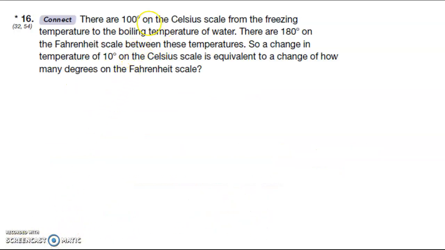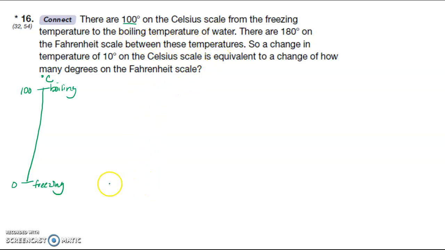Okay. There are 100 degrees on a Celsius scale from freezing to boiling. So if I had a Celsius thermometer, 0 is freezing, 100 is boiling, and this is Celsius. There are 180 degrees on the Fahrenheit scale between these two temperatures.